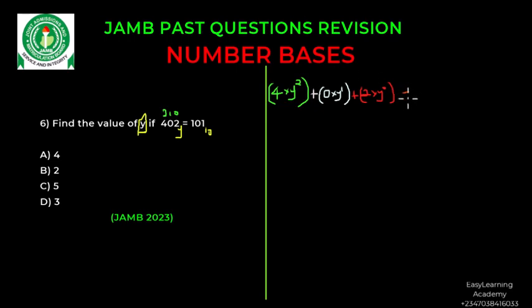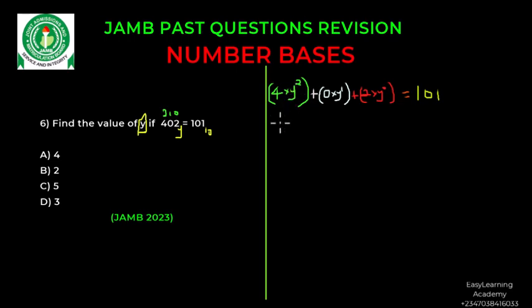So equals to 101, then base 10. So we proceed, and then y raised to power 2, y times y raised to power 2, that will be y squared.